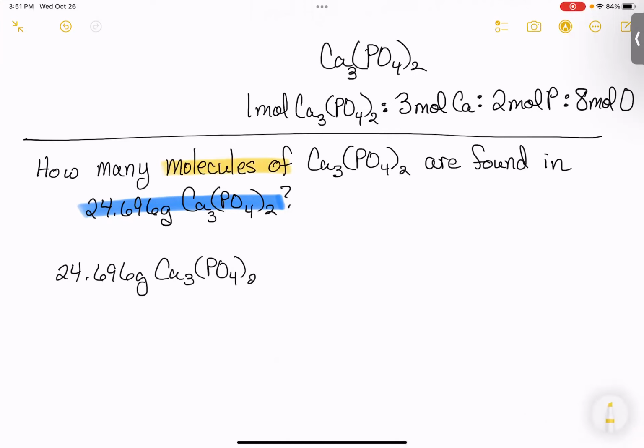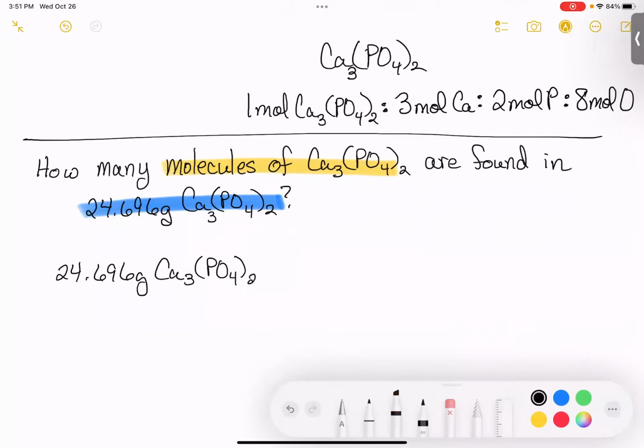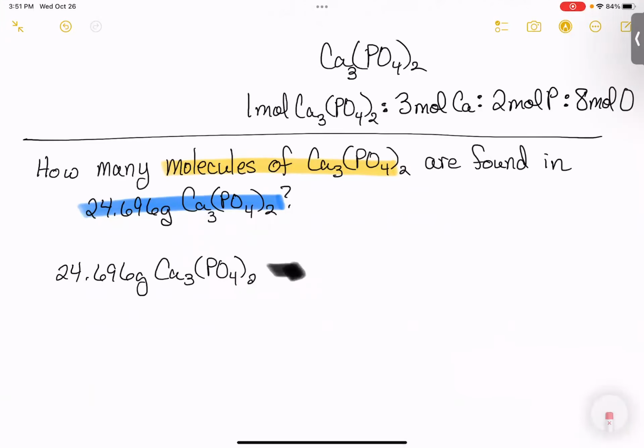I want to know molecules of calcium phosphate. Now here is actually where it's a lot easier to a large extent than what we were doing with the metric system.